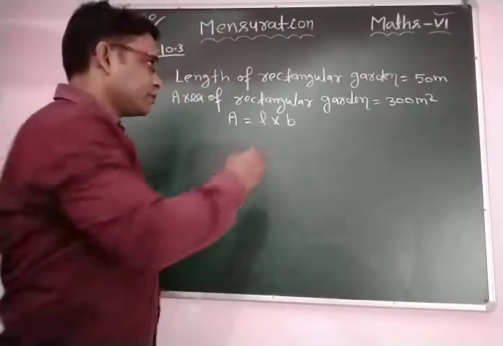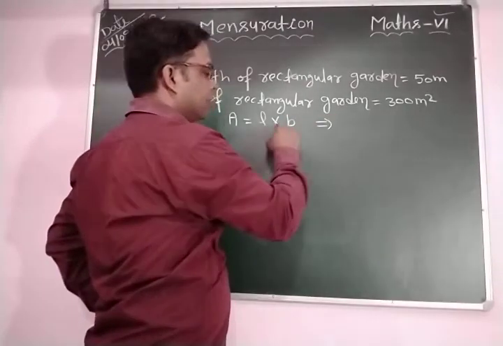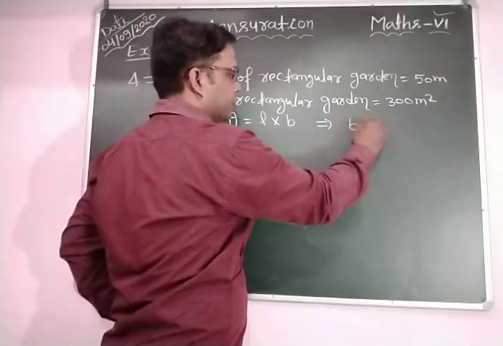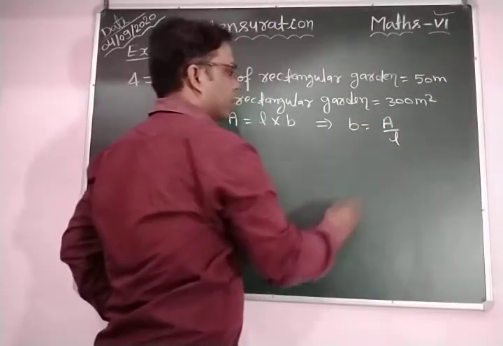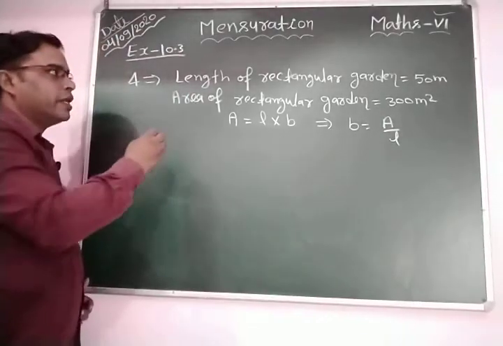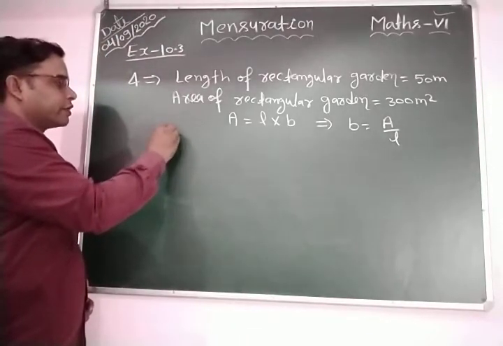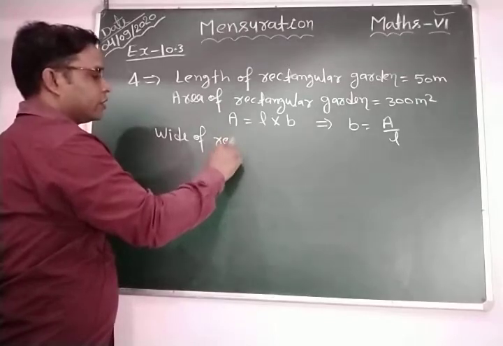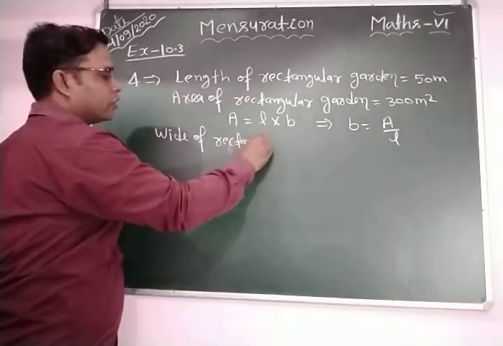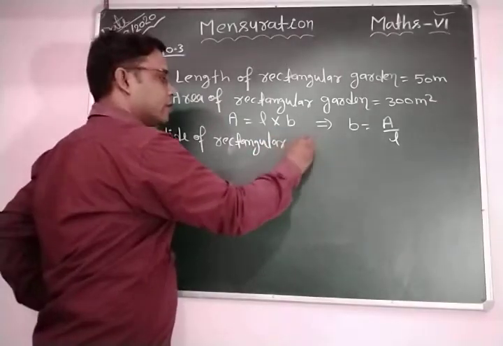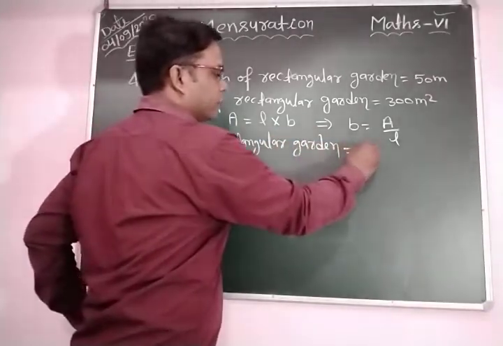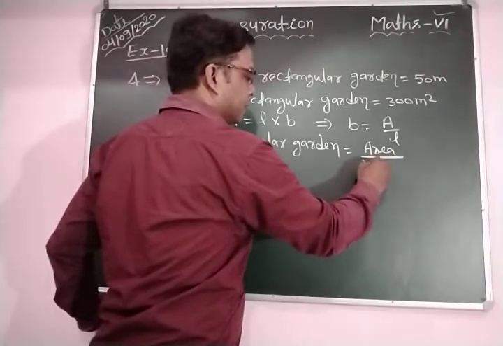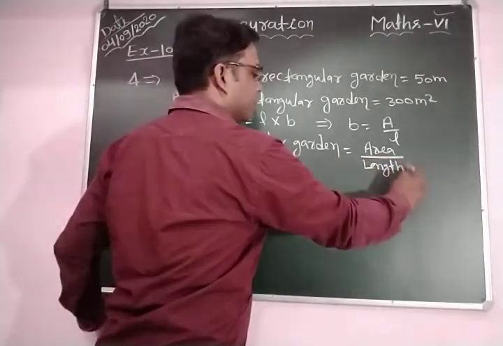So length into breadth is equal to area, or you can write width or breadth B is equal to A by L. So the width of the rectangular garden is equal to the area of the rectangular garden by the length of the rectangular garden.